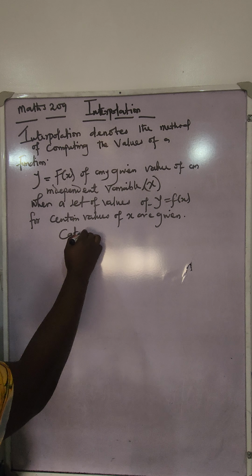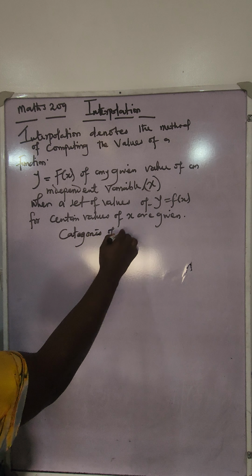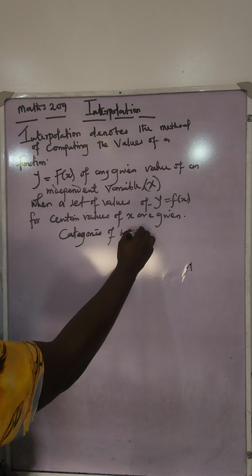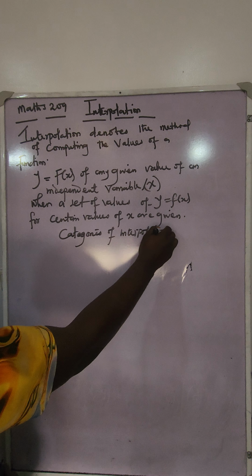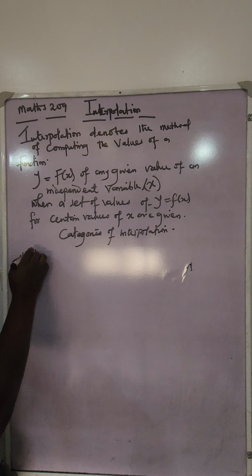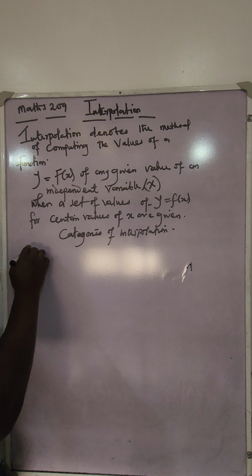Now there are two categories of interpolation. The first category is interpolating with equal intervals.